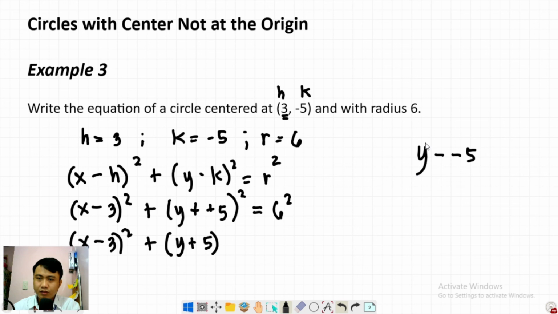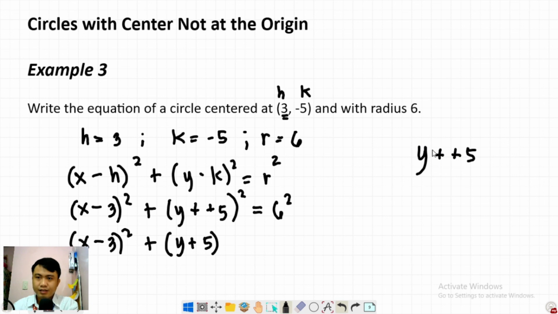Kinopya natin ito. Yung rules of addition and subtraction of integers. Just simply copy this one. So, rules in subtracting integers. Just copy this. And ito, papalitan from minus, magiging plus. From negative, magiging positive. Kaya nga, copy, change. Gets nyo?